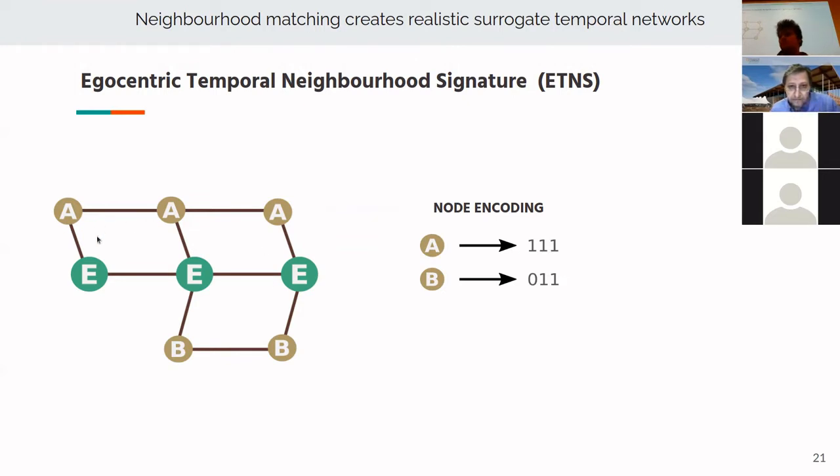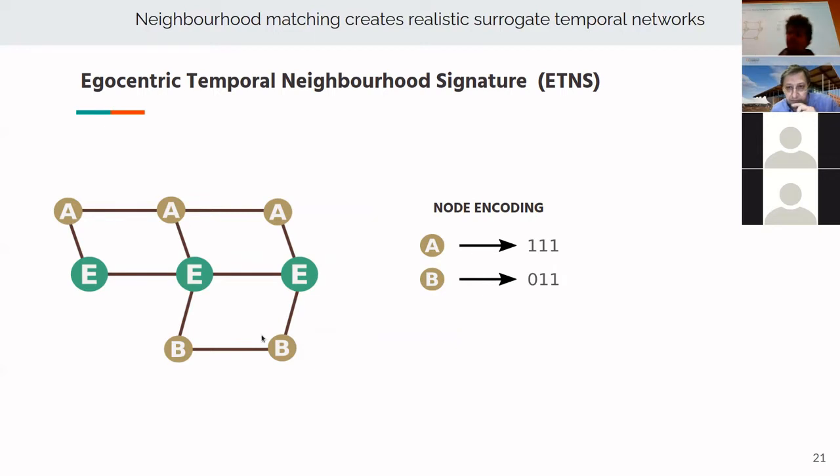So in this case, we are using 3 layers and the embedding will be of 3 bits. We put a 1 if and only if the node is connected to the ego at that time step. So for instance, the node A is connected to the ego at time step 0, and in fact, in position 0 we have a 1. That is not true for the node B because it's not connected at time 0.